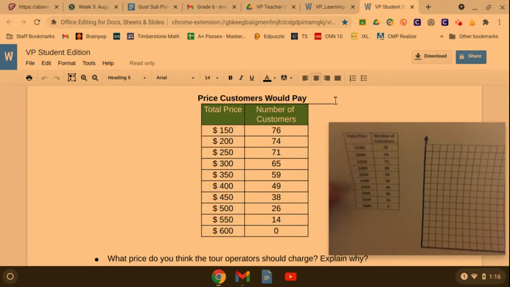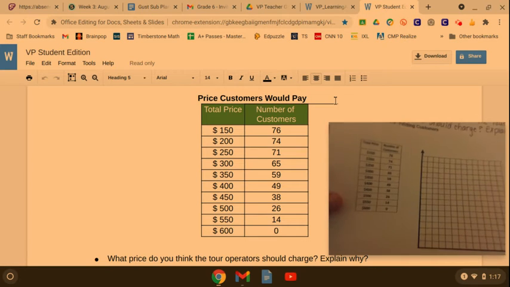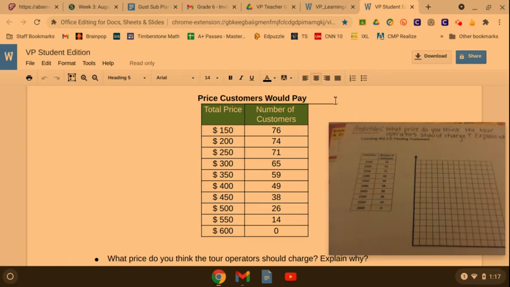And we know, because we've talked about this last week, that whatever comes first in our table is our independent variable, and that is also what goes on our x-axis. We also know whatever comes second in our table is our dependent variable, and that will go on our y-axis.